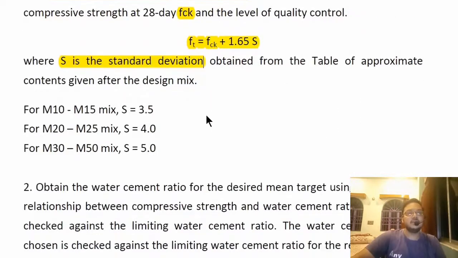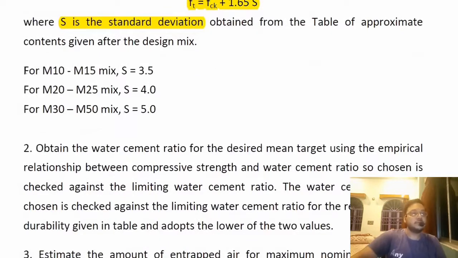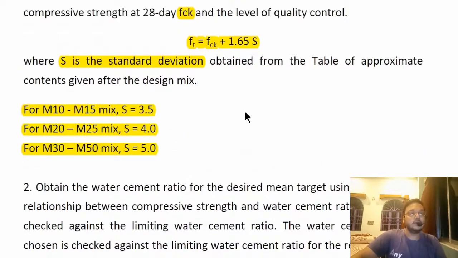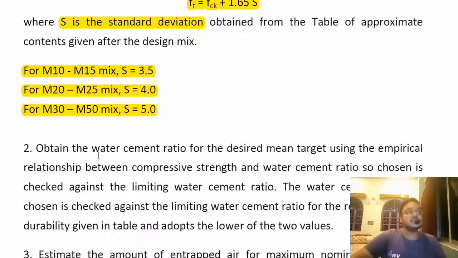S is the standard deviation obtained from the table of approximate contents given after the design mix, and this is there to give you a particular idea about the standard deviation of different mixes of concrete.